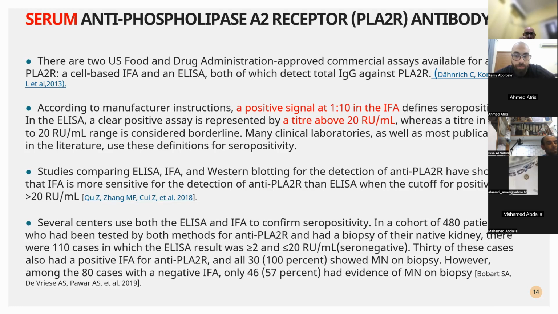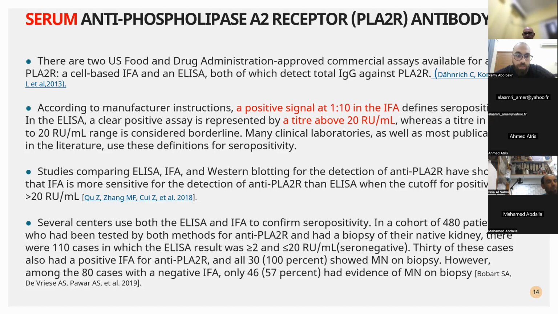In comparison between ELISA and immunofluorescent assay, there were 30 cases which were ELISA negative but positive in immunofluorescent assay, and all of them were primary membranous compared to the gold standard, kidney biopsy. But there were also 80 negative in both, negative ELISA and negative immunofluorescent assay, and still diagnosed as primary membranous based on the kidney biopsy.